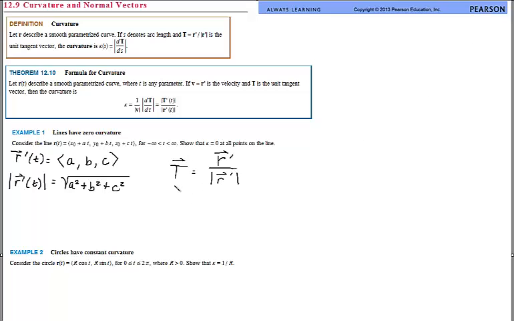Now I'm going to take this unit tangent vector and see what it looks like. I have a vector on top, this a, b, c, from where I took the derivative, and in the denominator I'm going to have this constant, the square root of a squared plus b squared plus c squared.